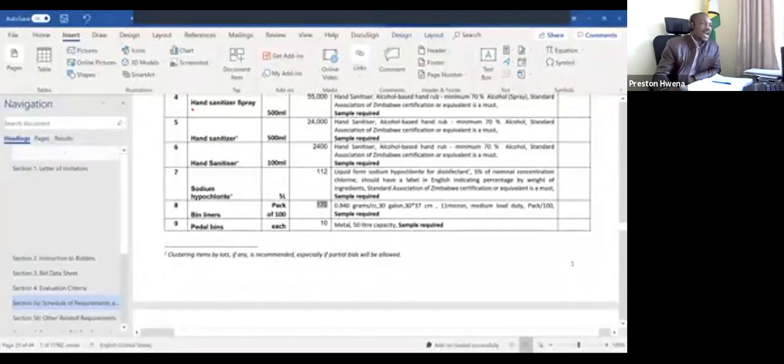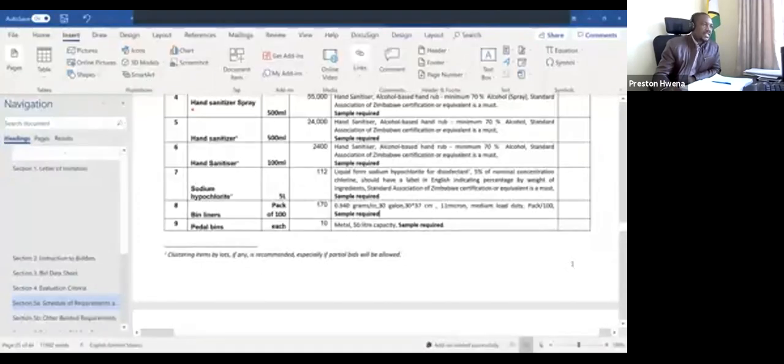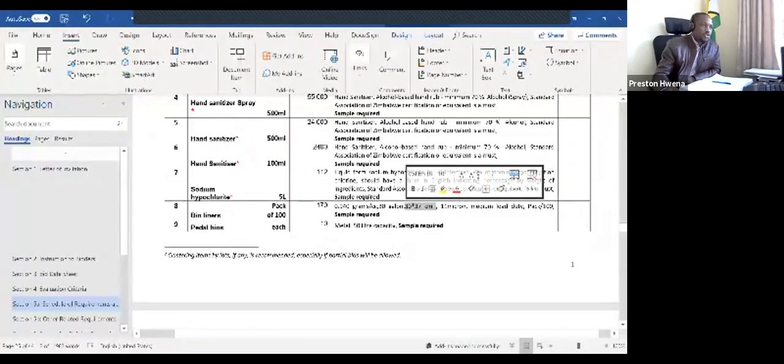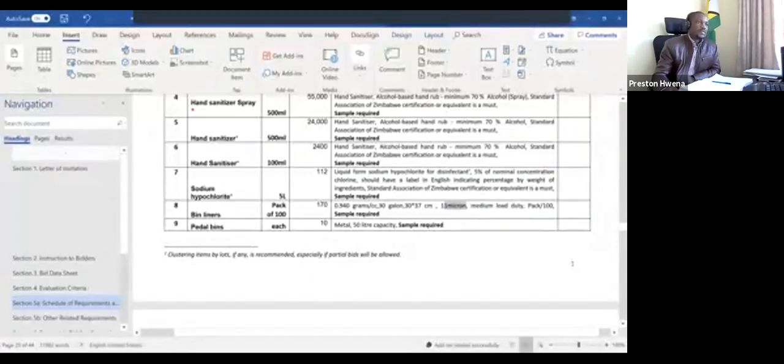And what we are saying is that this should be 0.94 grams, and the capacity should be able to carry about 30 gallons. And this is the size of each bin liner, should be 30 by 37 centimeters. They should be 11 micron, medium load duty.